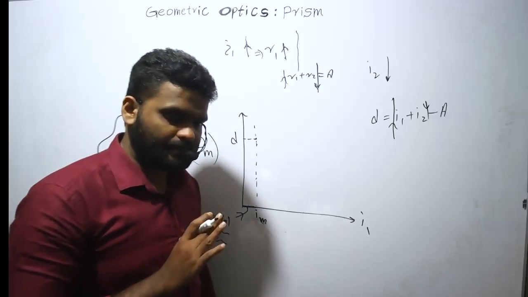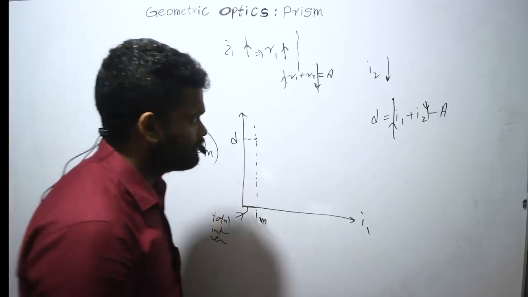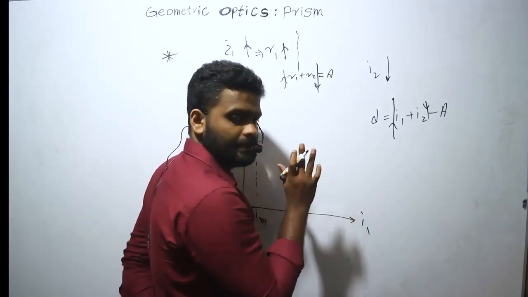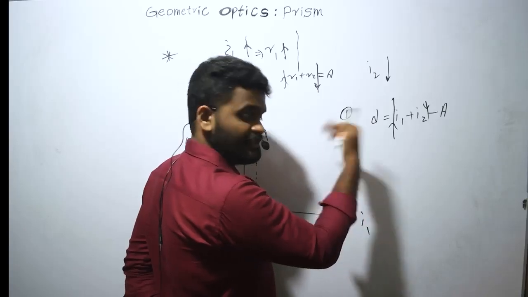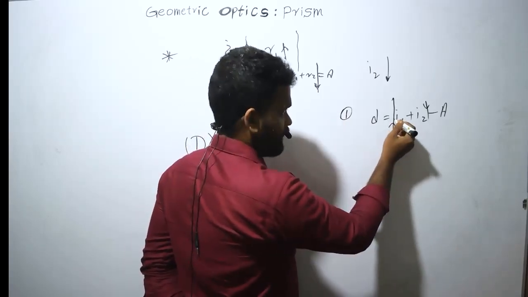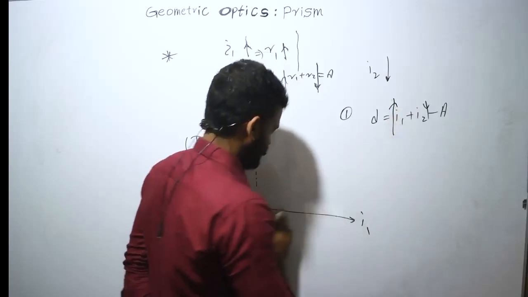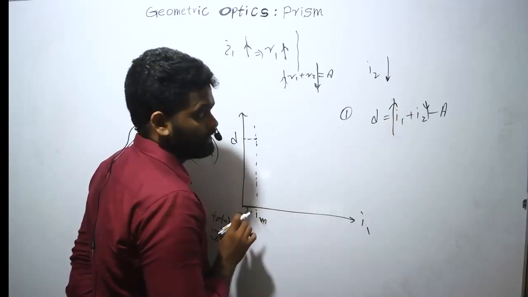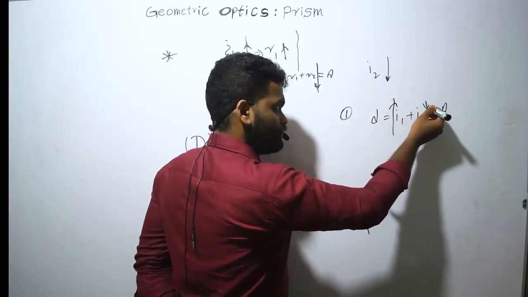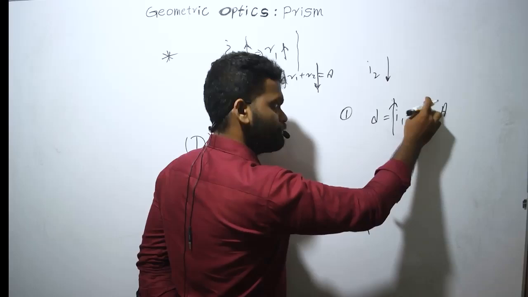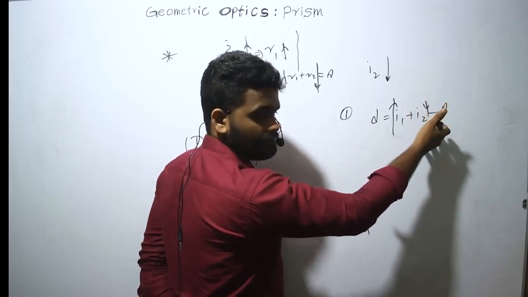Try to understand this. Important. If you understand this, you don't have to remember anything. At the first case, initially, I1 increases, but I2 decreases not by the same amount, by a smaller amount.